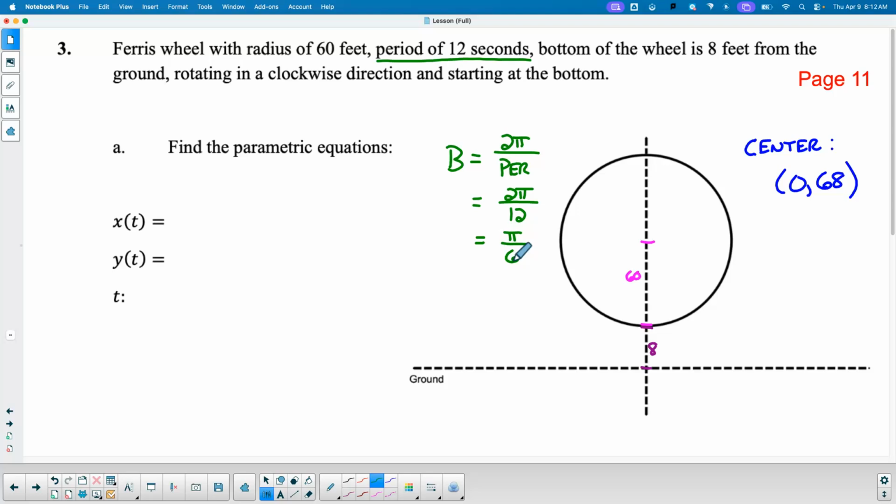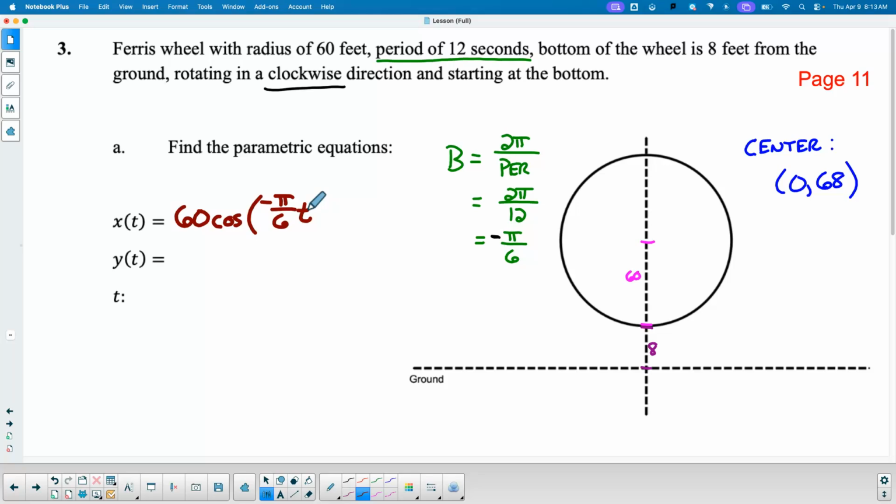Because it is rotating clockwise, our B value then is negative. So my x part of the parametric function should be 60 cosine of negative pi over 6 t, right?